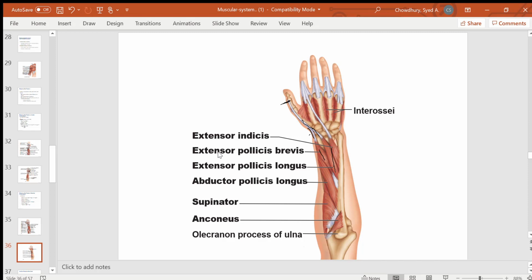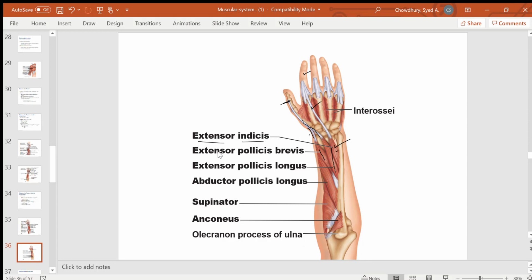And this one, you remember I said extensor indicis. When you point something, you extend your index finger. So this one is only going to the back of the index finger, and will pull the index finger from the back.